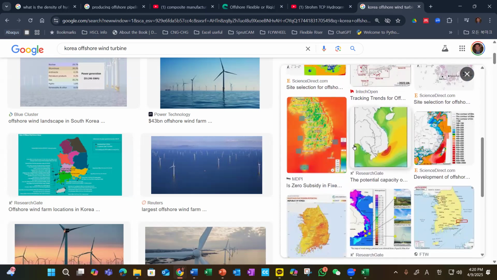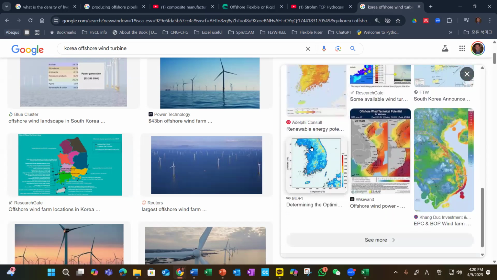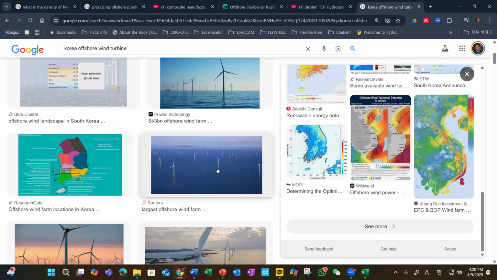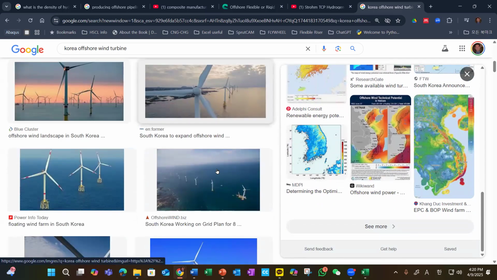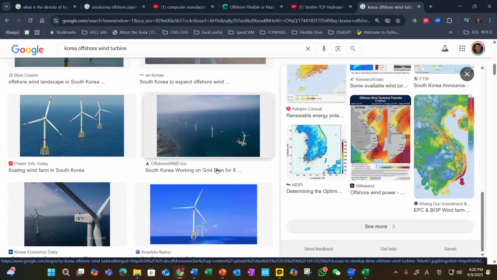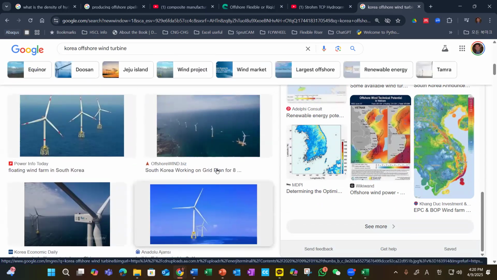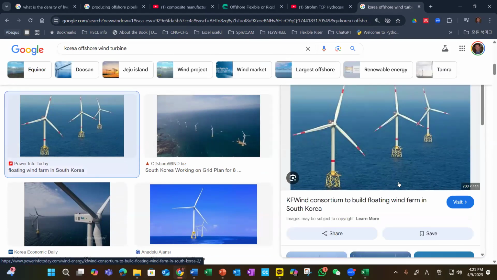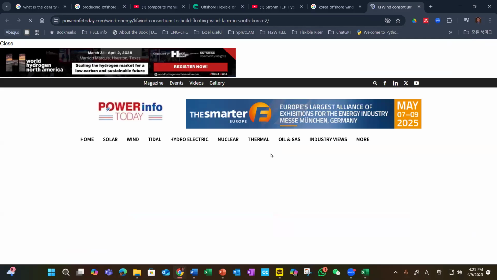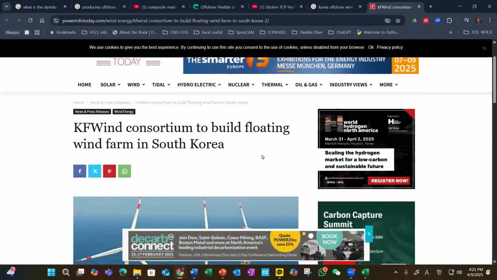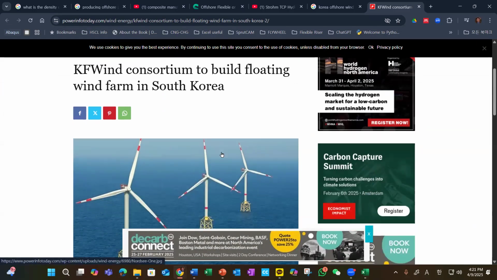So a lot of study needs to be done to understand where the best spot can be. Let's take a look at the KF Wind consortium to build a floating wind farm in South Korea.